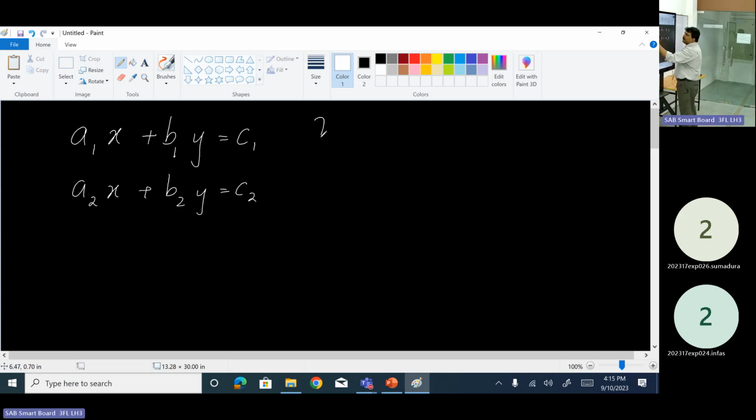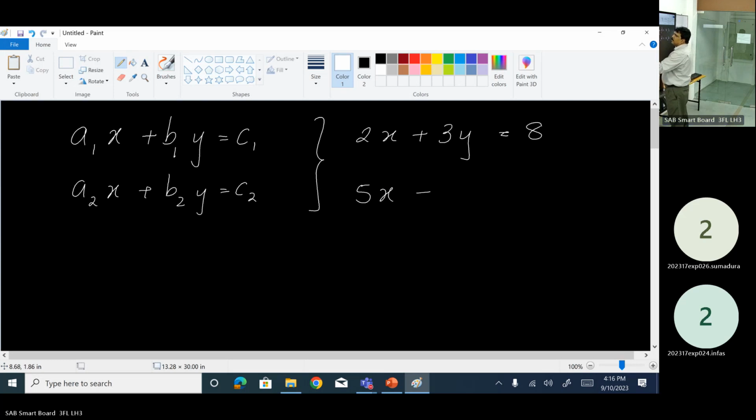Say, for example, we have 2x plus 3y equals 8, 5x minus 2y equals 1.